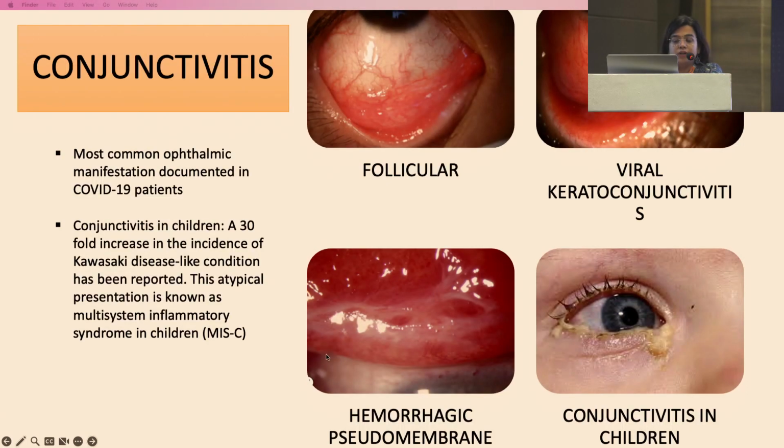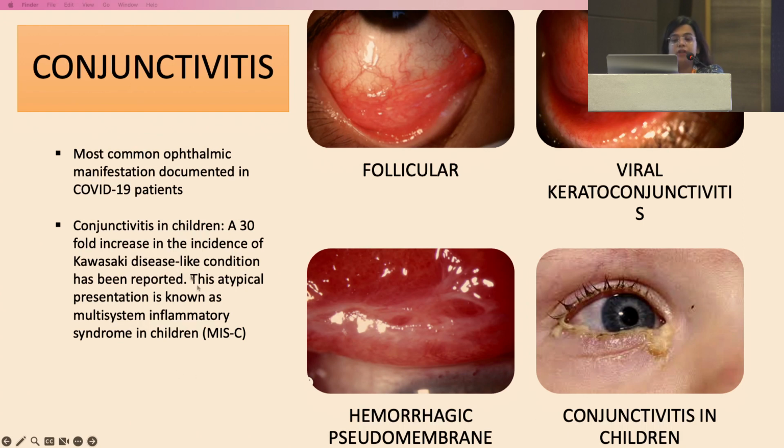Coming on to the conjunctivitis, which is one of the most common ophthalmic manifestations documented in COVID-19 patients. There are various case reports presenting different forms, the most common one being the follicular one and the hemorrhagic pseudomembrane. Also, there are a few case reports mentioning that because of the corneal involvement, it was a keratoconjunctivitis.